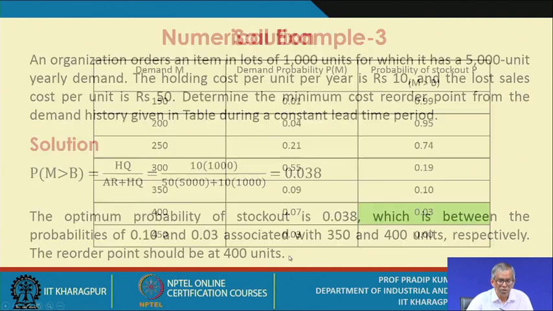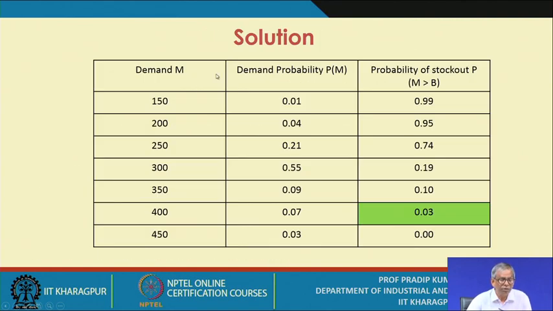Just look at the table here, against the demand levels. What are the demand levels? 150, 200, 250, 300, 350, 400 and 450. We assume that this is the exhaustive list, so there cannot be any demand less than 150, nor any demand beyond 450.